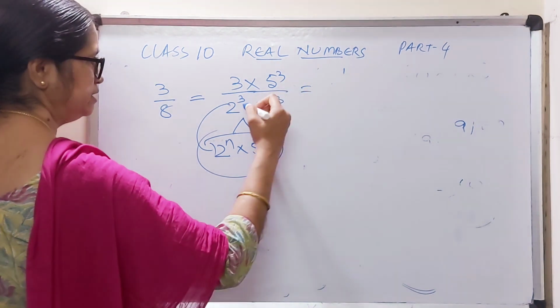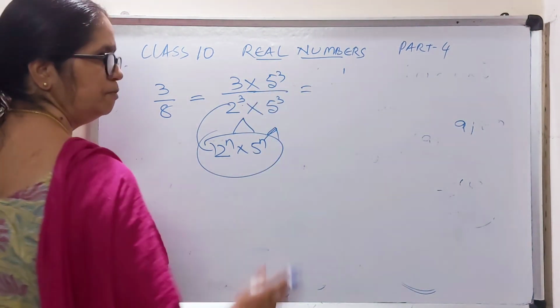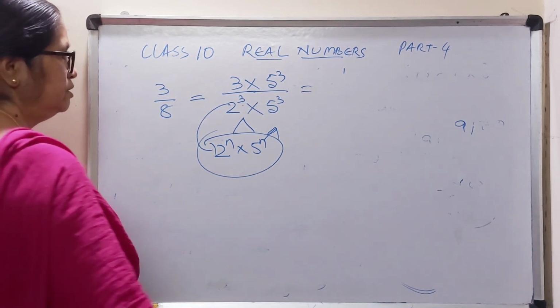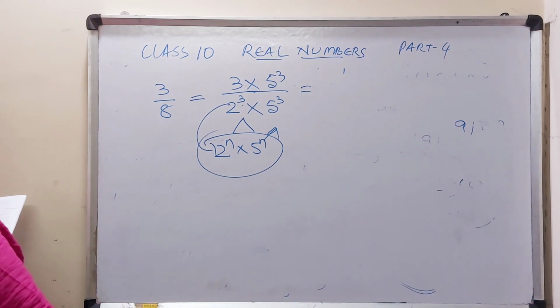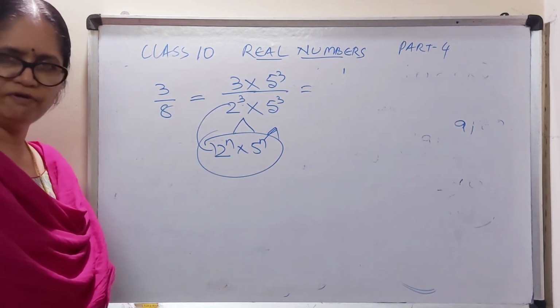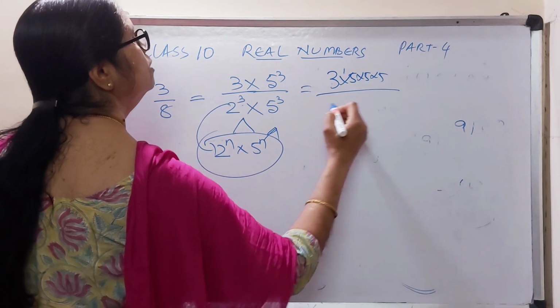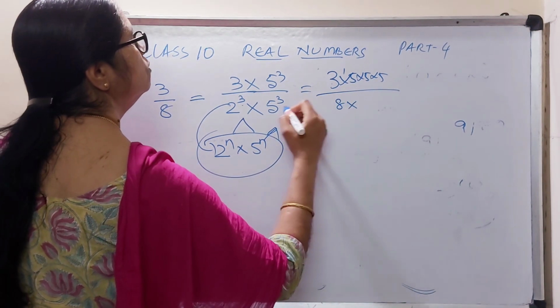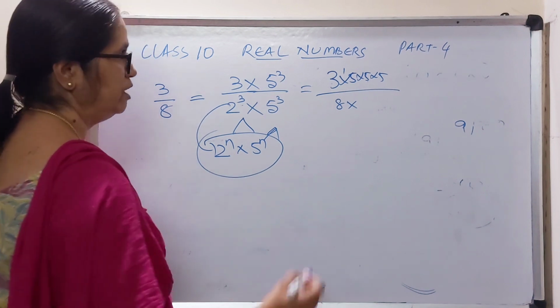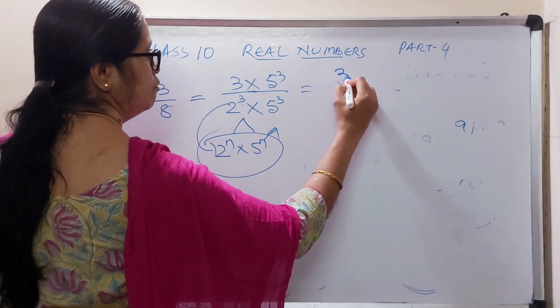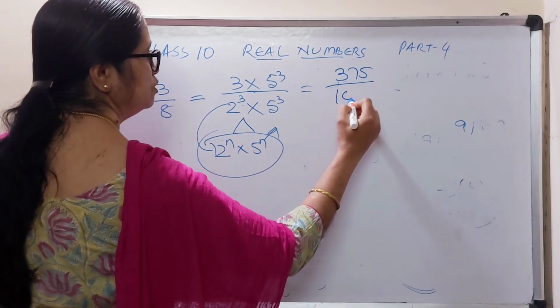If you multiply with the same powers, how much do I get? 5 cube is how much? 5 fives are 25, again 5 is 125. So 3 into 5 into 5 into 5 by 8 into 5 into 5 into 5, that is 375 by 1000.